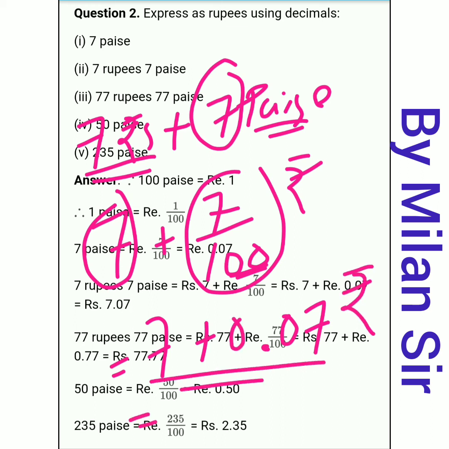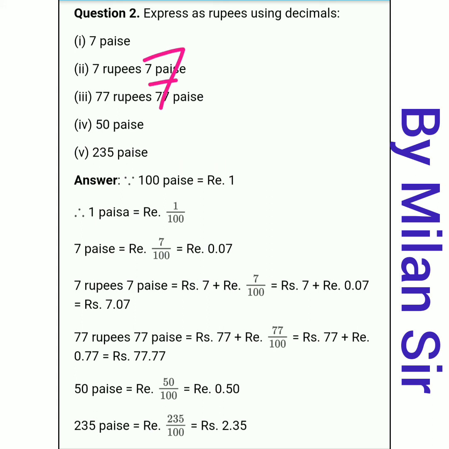Now we need to add these 2, so 7 plus 0.07. Here the integer part is 0, 7 is our integer, so we need to put integer below integer.